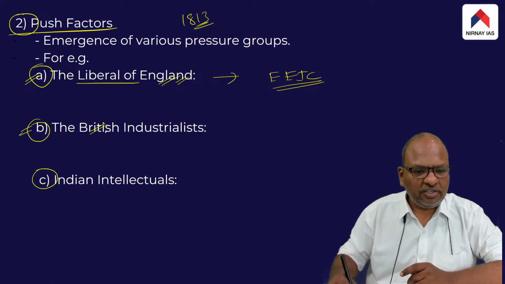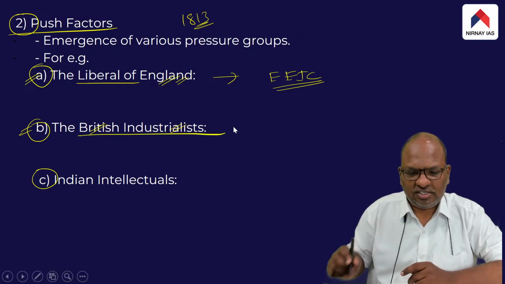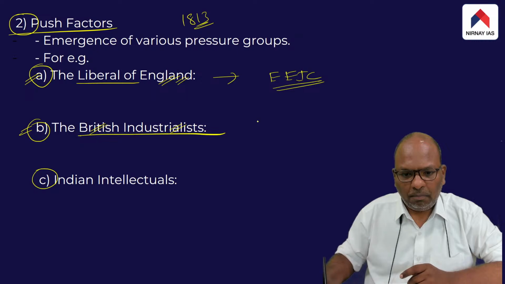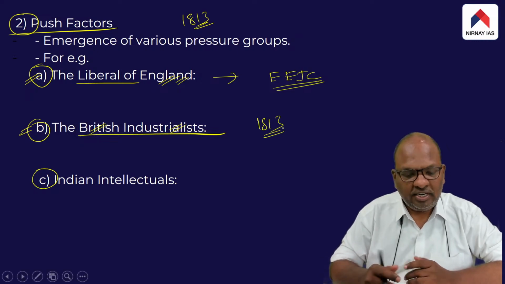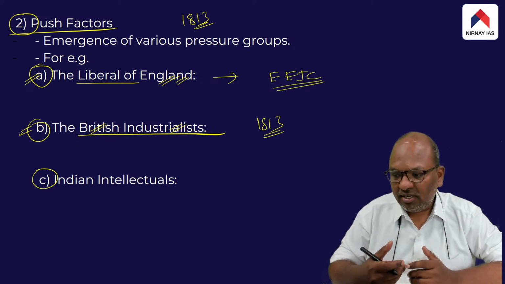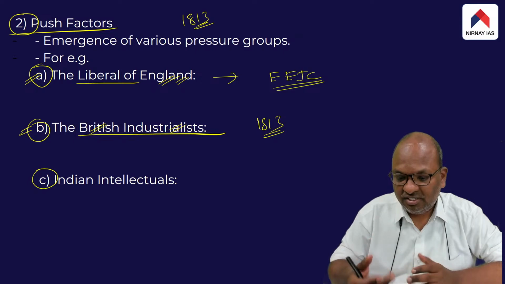Second, there was also pressure coming on the East India Company from the British industrialists. The point is, by 1813 itself, Britain had become industrialized.